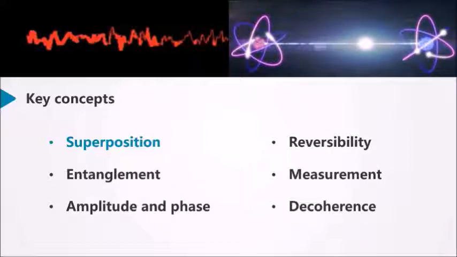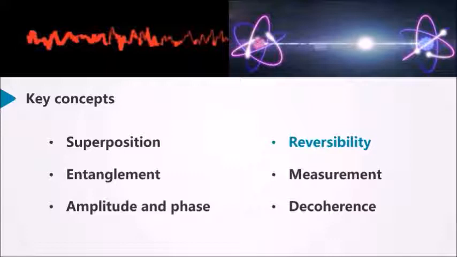Entanglement means the zeros and ones cannot be separately defined, or it is merely impossible to define them independently. Amplitude and phase involve physics, where it talks about waves and light particles, and the phase and amplitude of a wave.